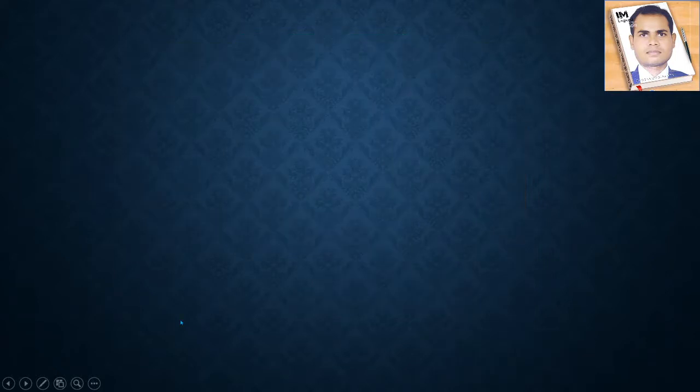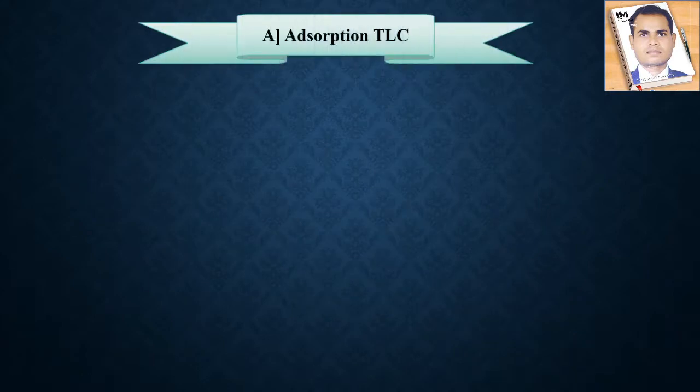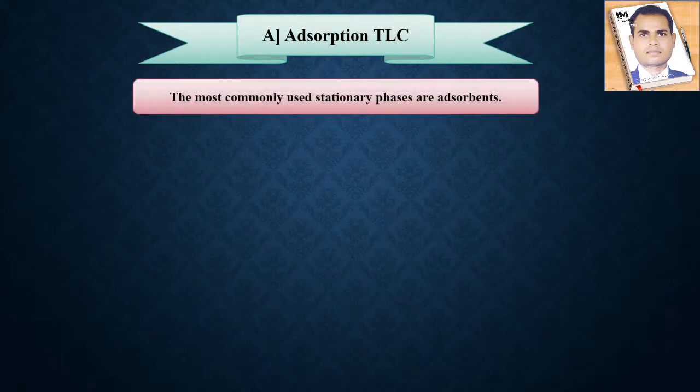First of all, we take adsorption TLC. In this adsorption TLC, it is simply a surface phenomenon. Adsorption is nothing but a particular liquid or solvent adsorbing on the solid surface. So in this case, two things are involved, the mobile phase and the solid phase, right?